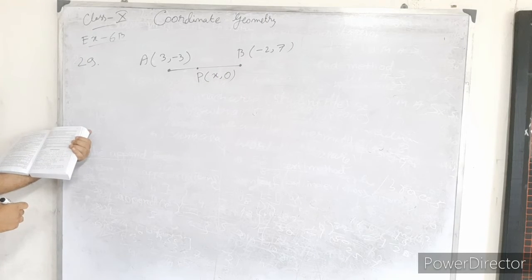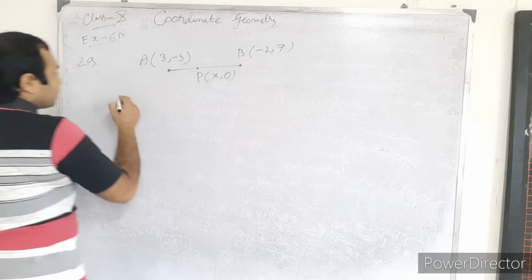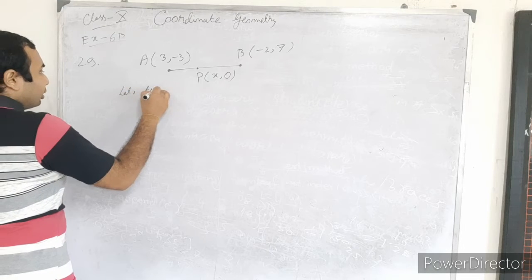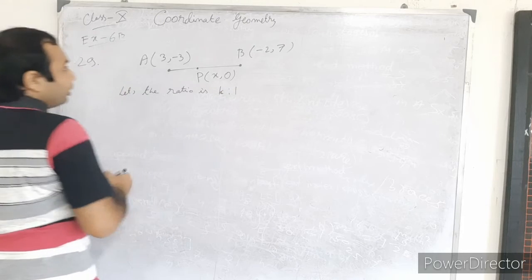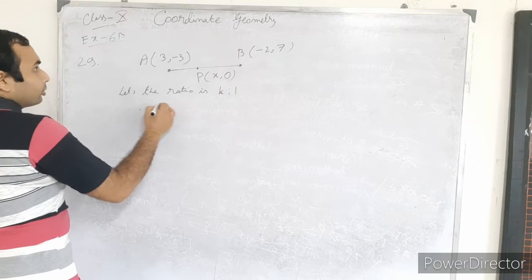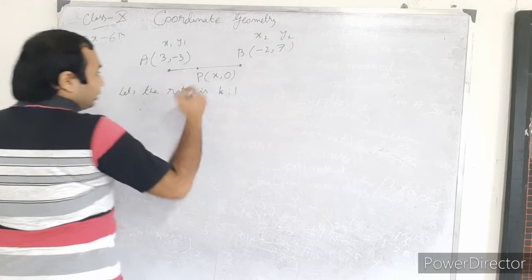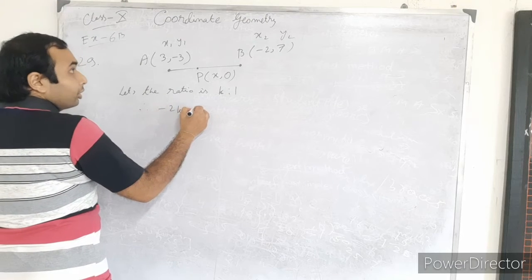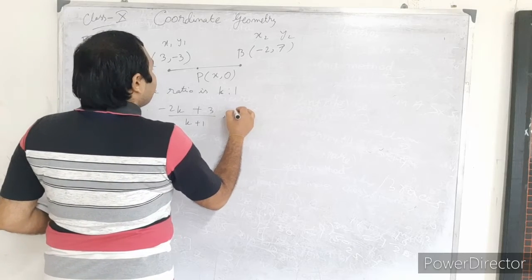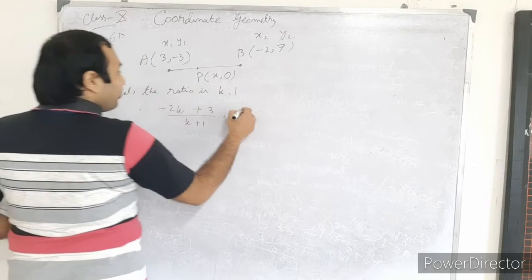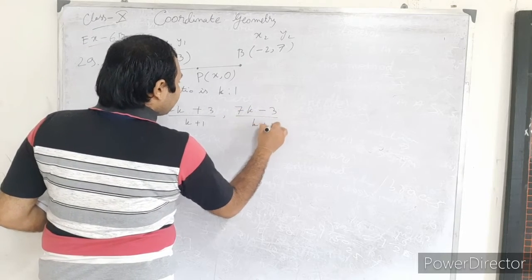Okay. Now let the ratio be k is to 1. So obviously, if this is (x1, y1) and this is (x2, y2), then we get (-2k plus 3) by (k plus 1), and another one is (7k minus 3) by (k plus 1).